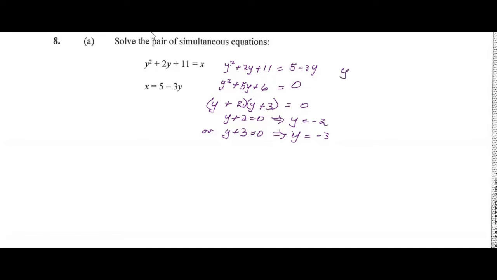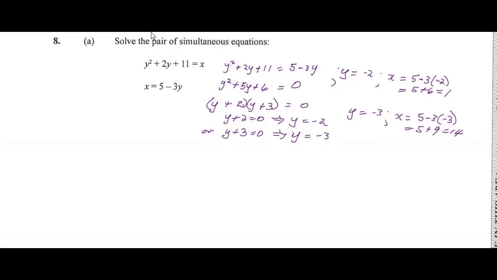So when y is equal to negative 2, we get that x is equal to 5 minus 3 times y, which is negative 2. This gives us 5 plus 6, which is equal to 11. And when y is equal to negative 3, x becomes 5 minus 3 times negative 3, which gives us 5 plus 9, which is 14.